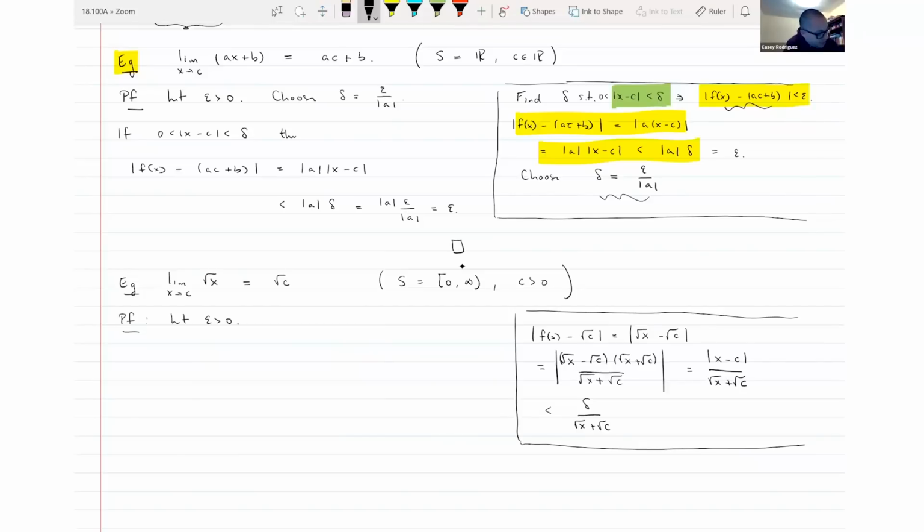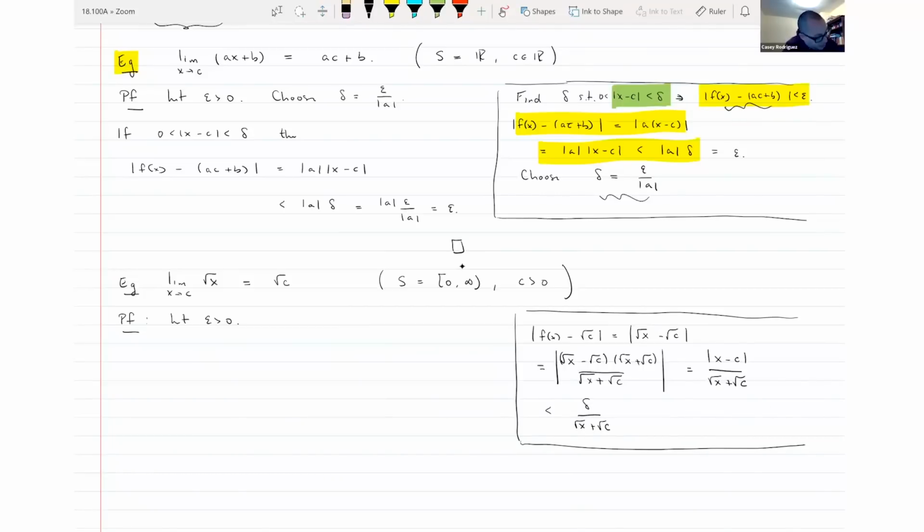What maybe you're tempted to do here is to then choose delta to be square root of x plus square root of c times epsilon. Don't do that, okay? Because delta, again, only depends on the point c and the point epsilon. It cannot depend on the thing that's changing, which is x. This is changing. So you don't make this choice.